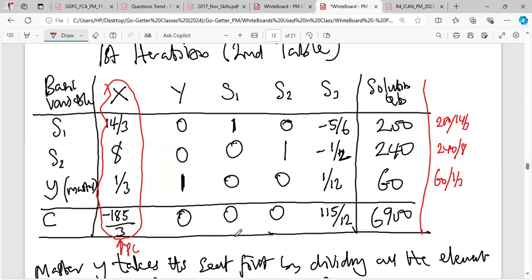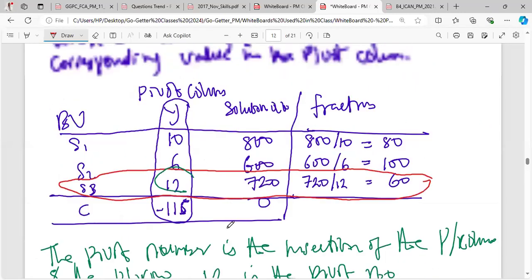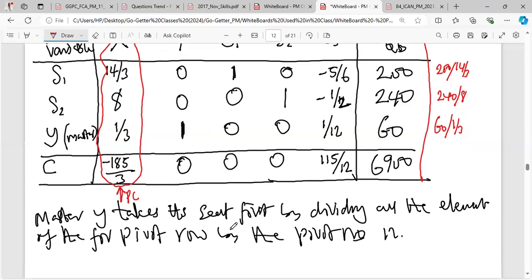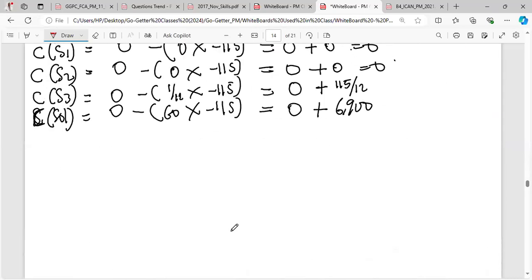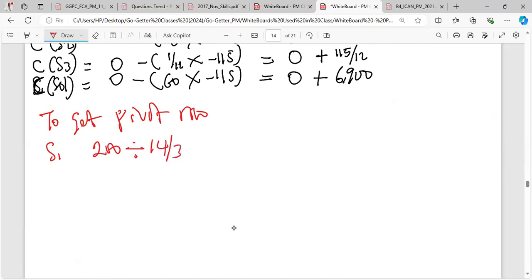So let's do them now in turn. 200 divided by 14 over 3. So let's do that to get the pivot row. So we have S1 here, we have 200 divided by 14 over 3.